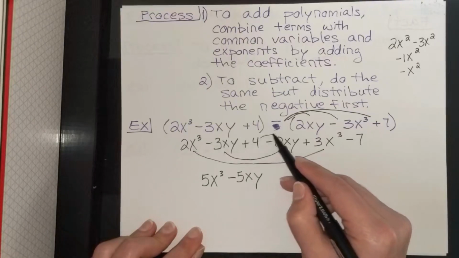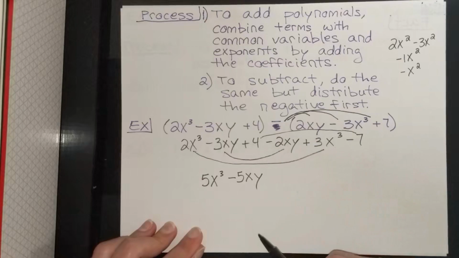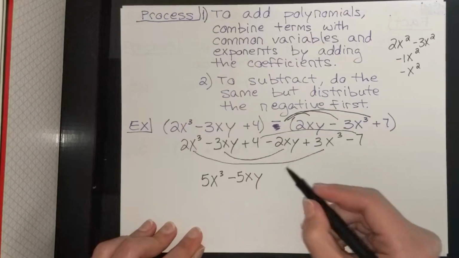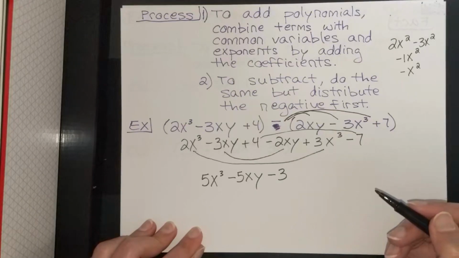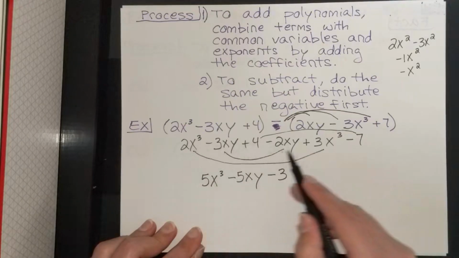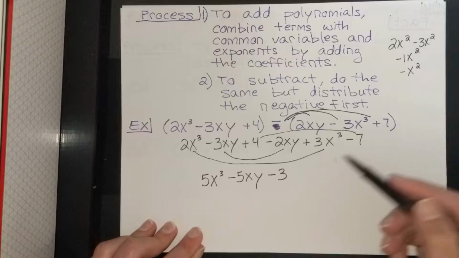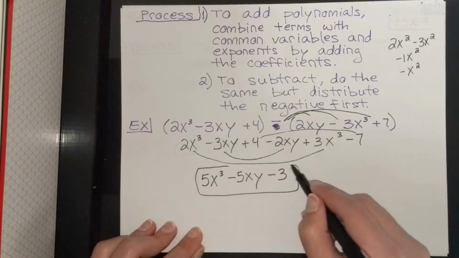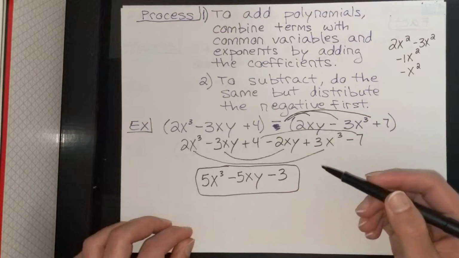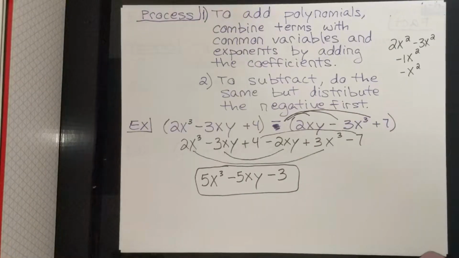And the last values, 4 and negative 7, combine together to give us negative 3. There aren't any terms left over. Everything was able to combine with all the other terms. So we have found the simplified form when subtracting these two polynomials: 5x cubed minus 5xy minus 3.